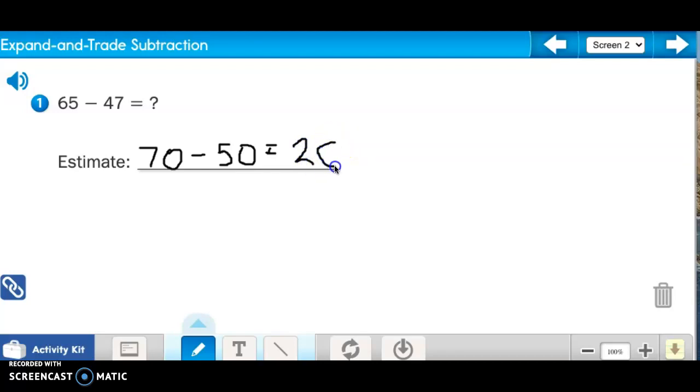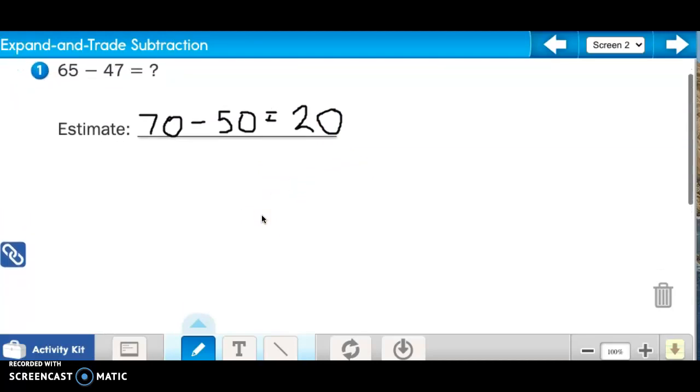That's our estimate. Now let's do the real thing and see if it comes close to our estimate. This time instead of just doing 65 minus 47, we're going to do the expand and trade, which in my opinion is a little longer, but sometimes it makes more sense to some people and they like to do it that way.